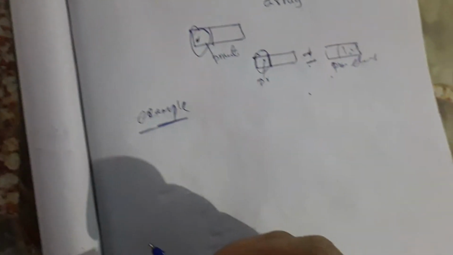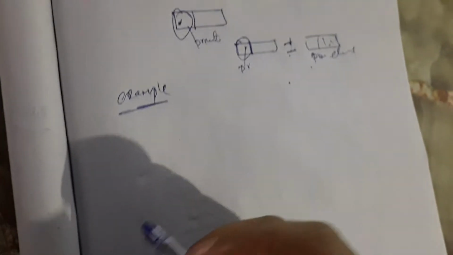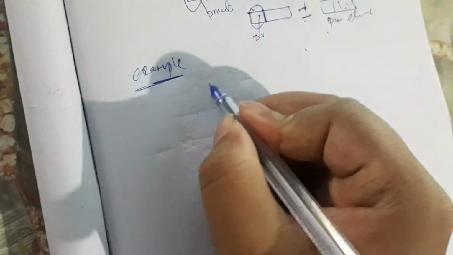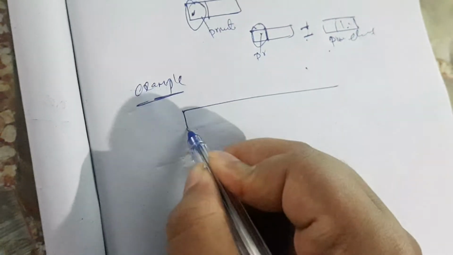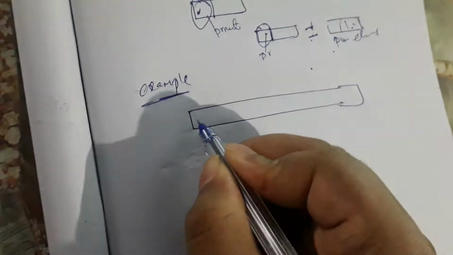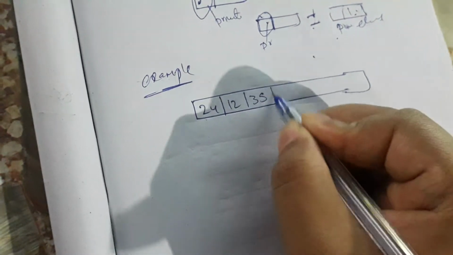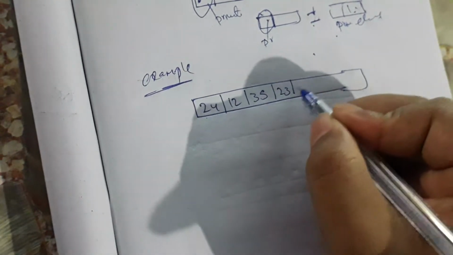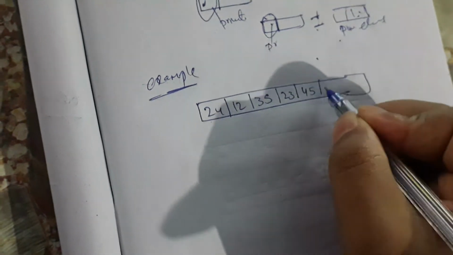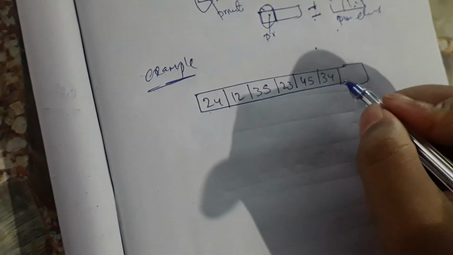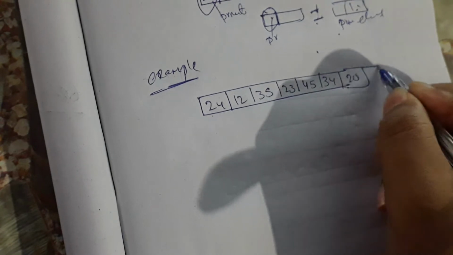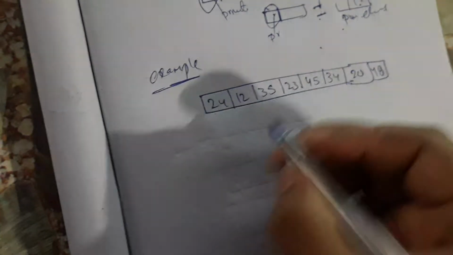Example, in the array: 24, 12, 35, 23, 45, 34, 20, 48.